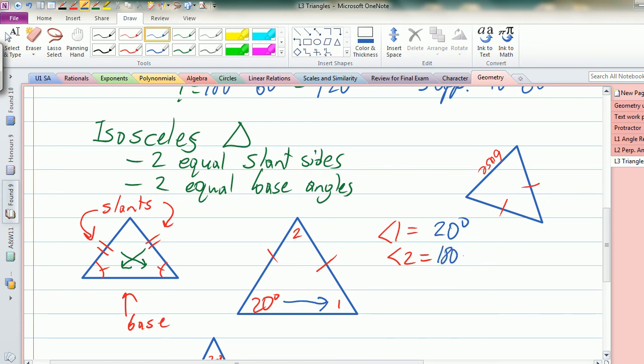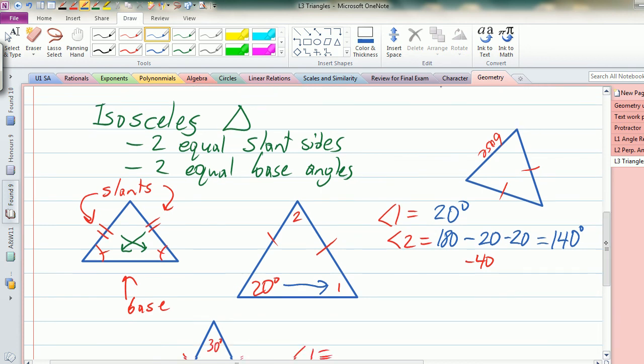The total is 180 of all triangles, minus 20, minus 20, and you're probably really going to think in your head minus 40. What does that equal? 140 degrees. So with isosceles triangles, you're going to have to do this a lot. Okay? Realize that the other one's a base angle, and then find the top.